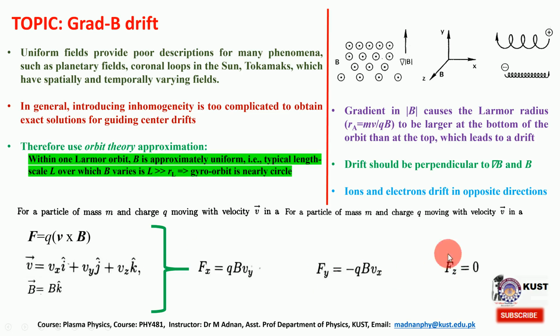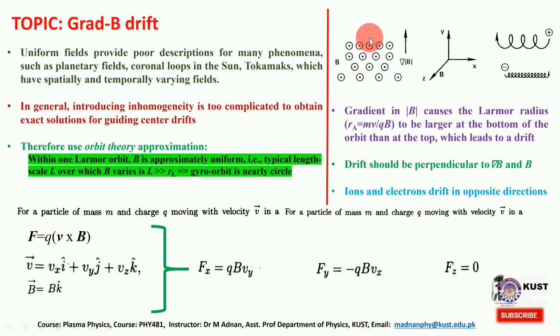And it is clear that the z component of force is 0, that is, the motion of the charged particle parallel to the magnetic field, that is along z, is unaffected by the force V cross B. And these are the two components which we have discussed previously. These are coupled equations. We have managed to find those trajectories for the charged particle in uniform fields.